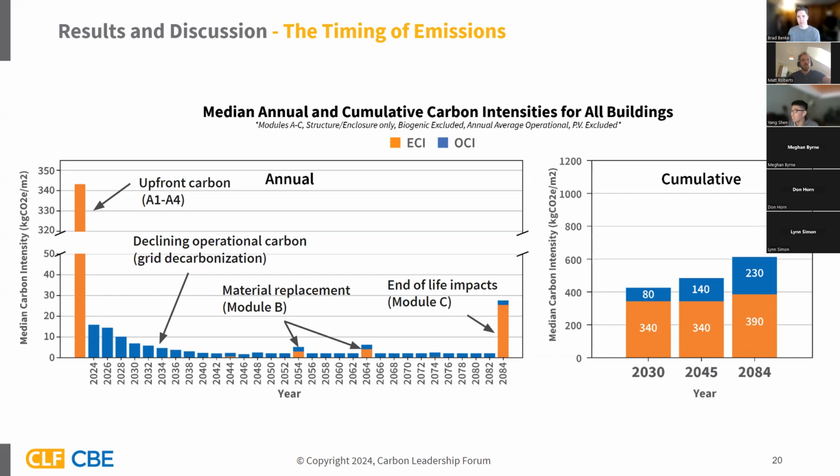For the figures on the right, it demonstrates the cumulative and median cumulative carbon intensity at three specific target years, which are 2030, 2045, and 2084. 2045 is the target year of the California near net zero emission buildings, and 2084 is the end of the building service life.